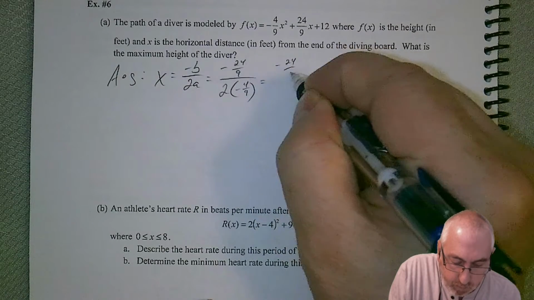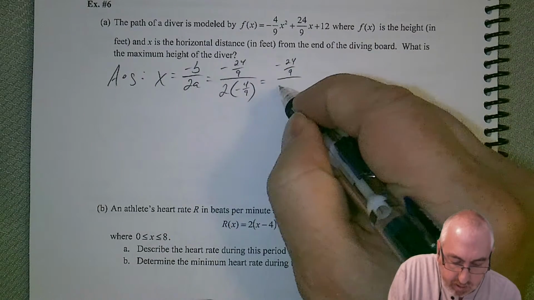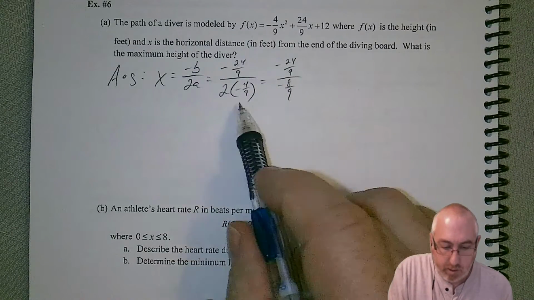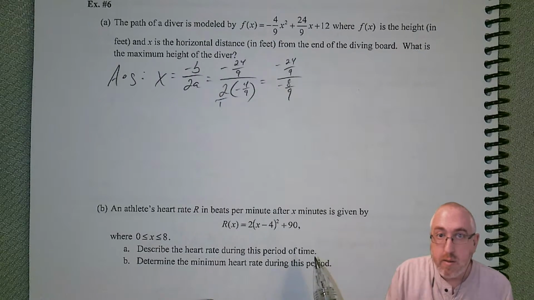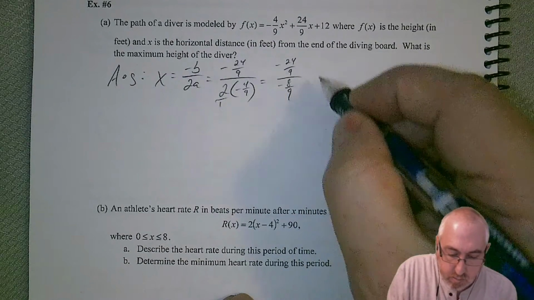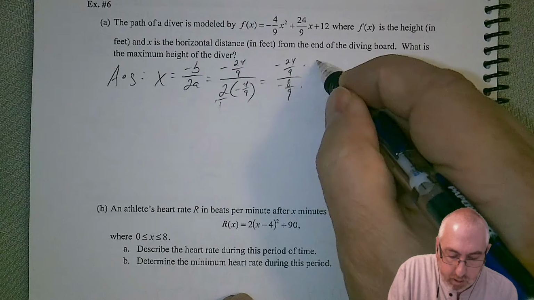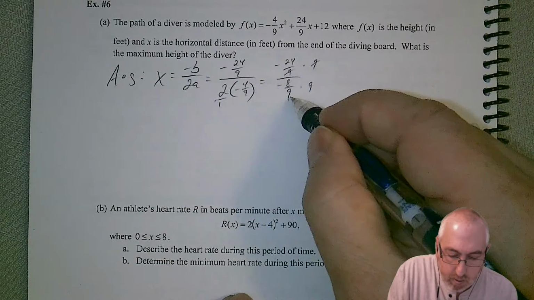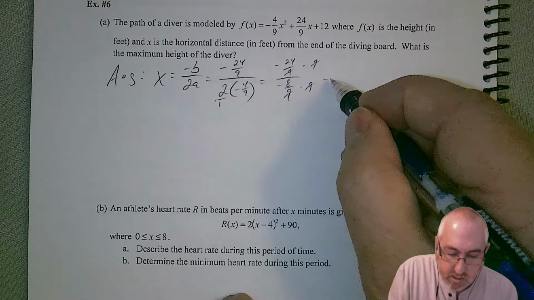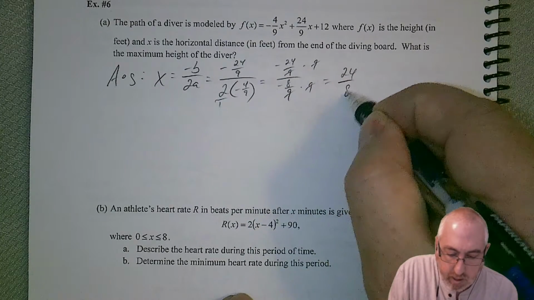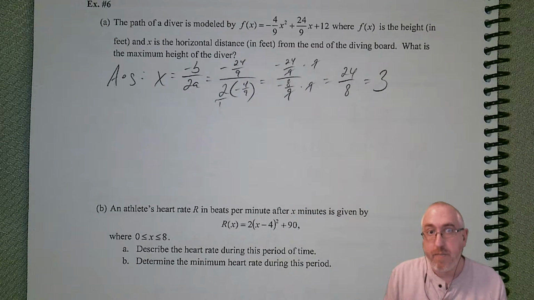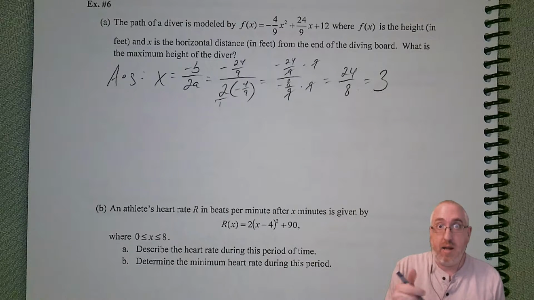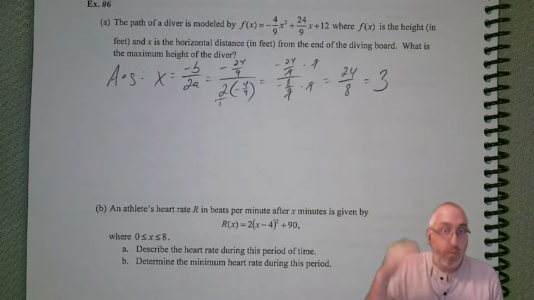Negative 24/9 over negative 4/9. We can divide them, but we can also just multiply both the top and bottom by 9, and that'll cancel those out. The negatives are going to cancel out as well, so we get 24/8, which is 3. So we know where the vertex lies. It lies at x equals 3, and then we just need the y value.